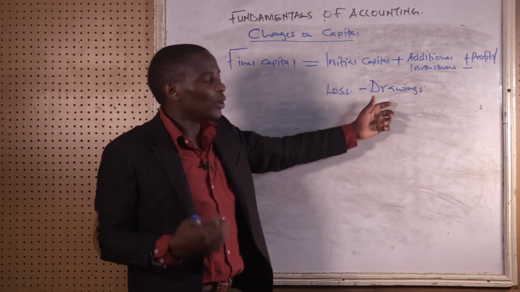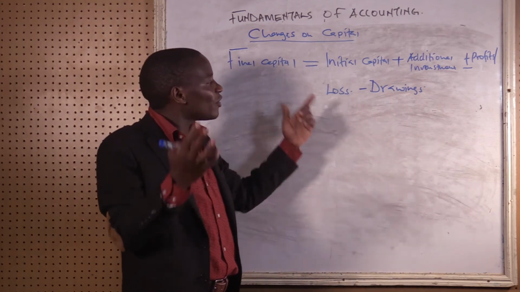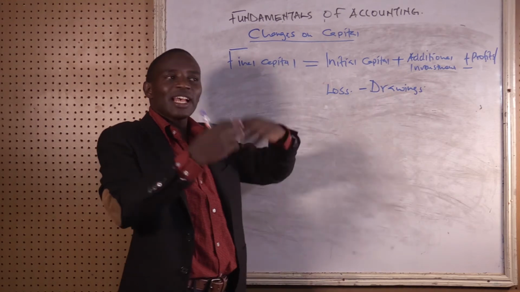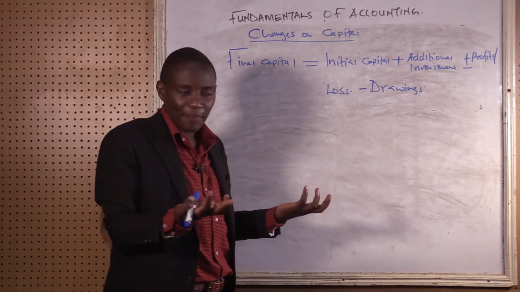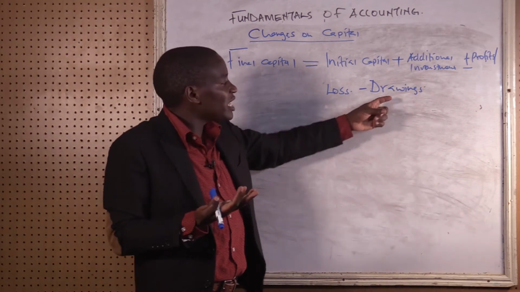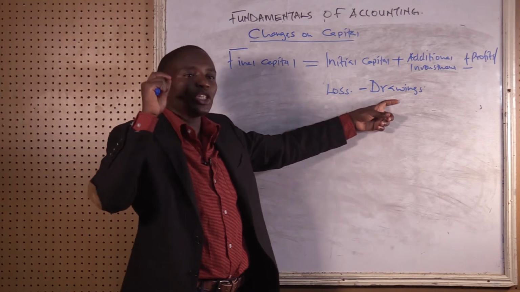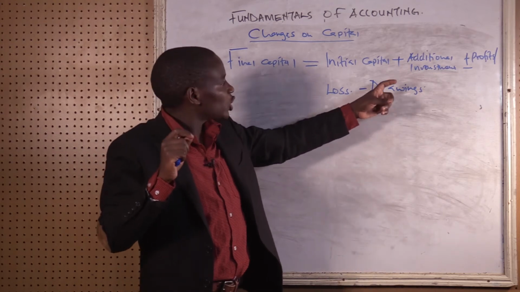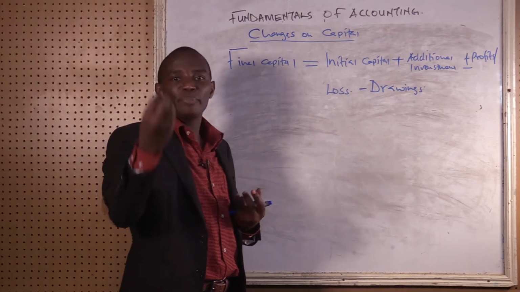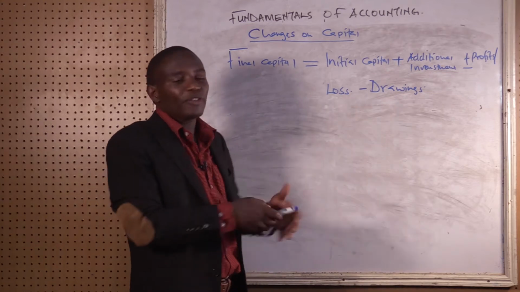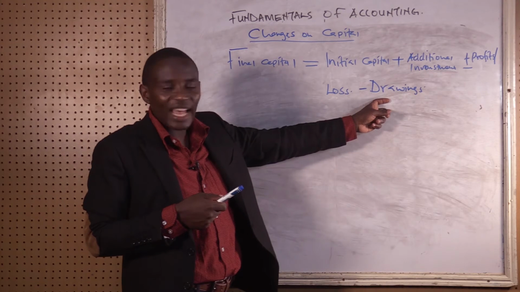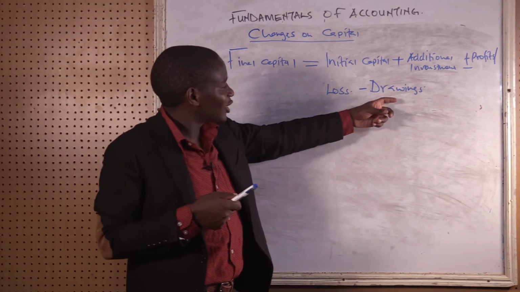For example, if the owner of the business has a shop, and in this shop he sells some foodstuff like maize flour, and he takes maybe a packet or two of maize flour from the business, and he or she does not pay, that one we refer to as a drawing. If the owner of the business takes some cash, maybe from the cash till or from the bank, that one is also referred to as a drawing.